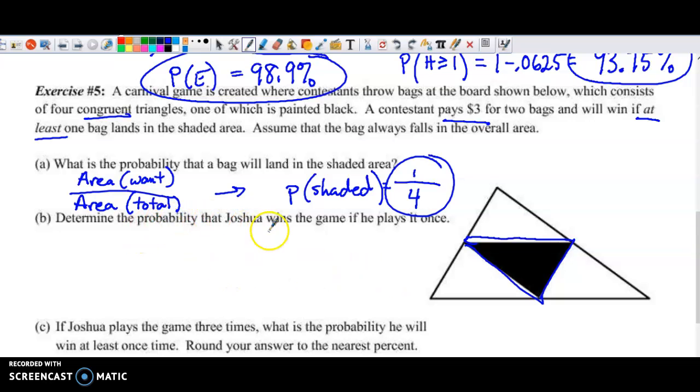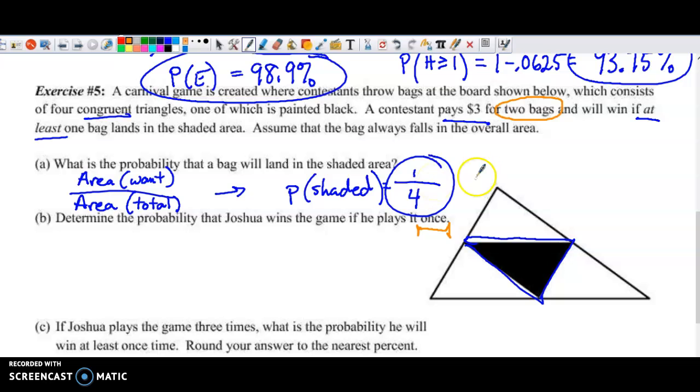So determine the probability that Josh wins the game if he plays it once. If he just plays it once, what they're trying to get you to do is take the 2 bags, and you get to throw both bags, and that's what they mean by playing the game once. So it's not going to be the same answer as this previous one.